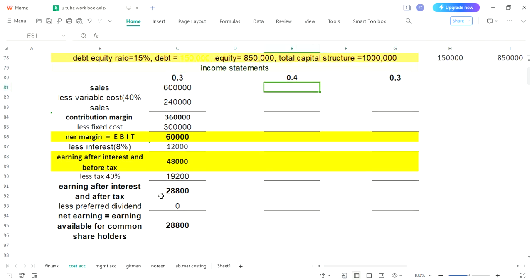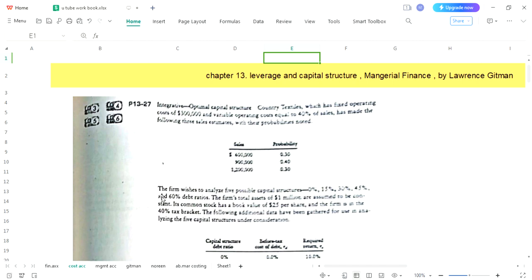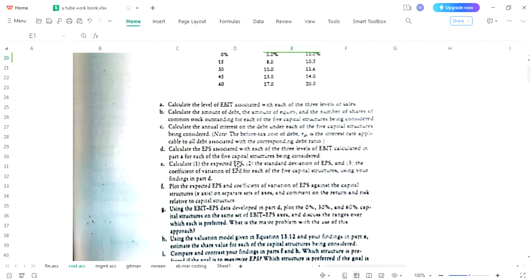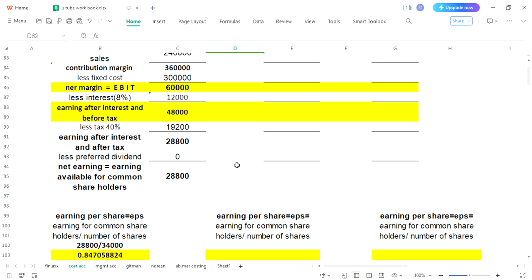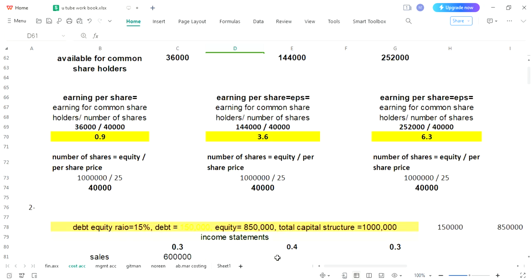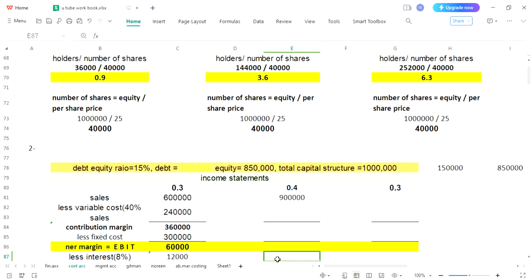For 0.4 probability, we have our amount of sale 9 lakh, and here you will put 9 lakh as amount of sale, after which we will calculate our variable cost, which is 40% of sale. Amount of sale is 9 lakh and you will calculate 40% over here.